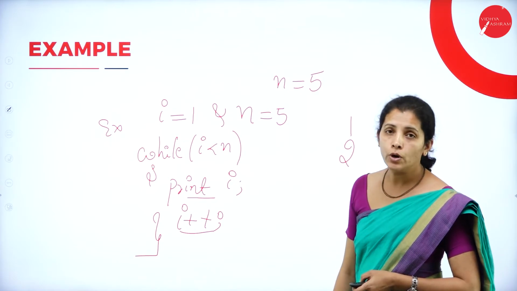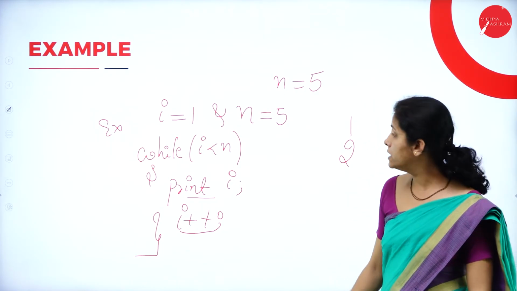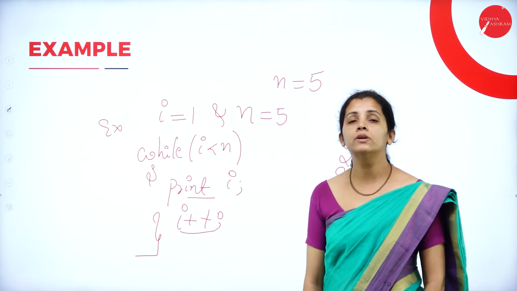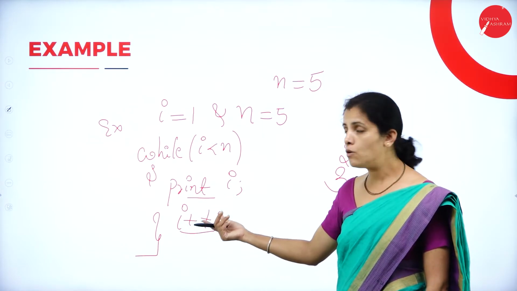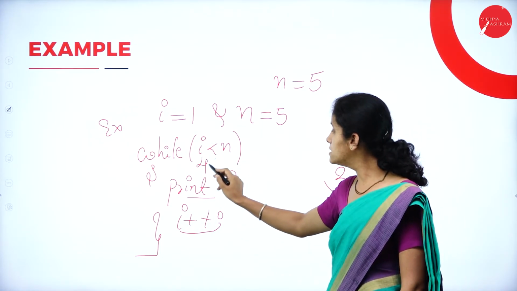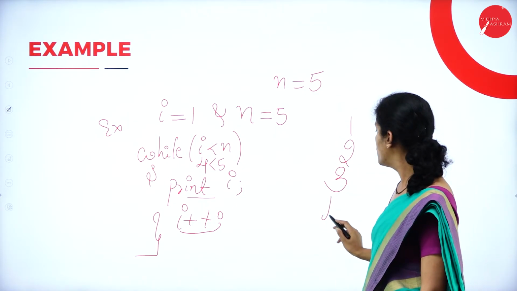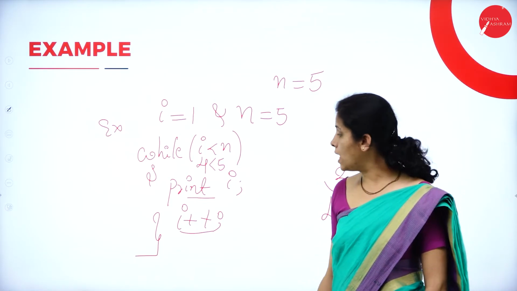Now, i is going to increment by 1. Now, i is 3. 3 less than 5, it is true. So, I'm going to display 3. Now, i is incremented by 1. Now, i is 4. 4 less than 5, it is true. So, I'm going to display 4. Now, i is going to increment by 1.